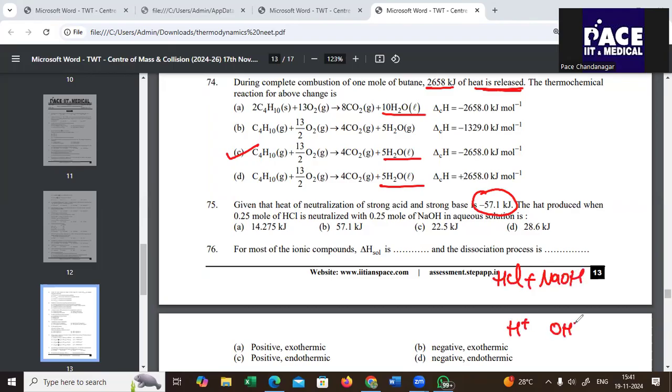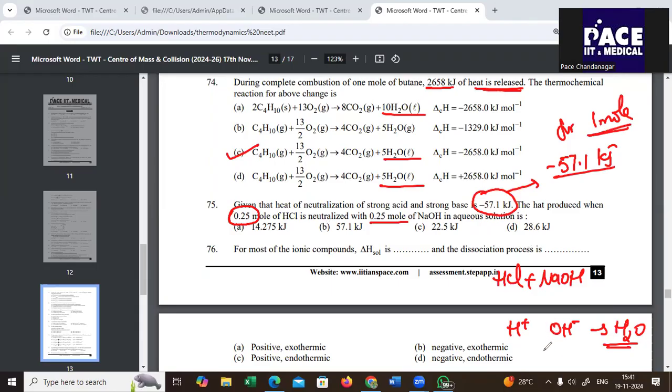H plus and OH minus will give you 1 water molecule here. To neutralize 1 mole, you get minus 57.1 kilojoules for 1 mole neutralization. But here it is asked 0.25 moles of HCl is neutralized with 0.25 moles of NaOH, which is nothing but 1/4 of a mole.